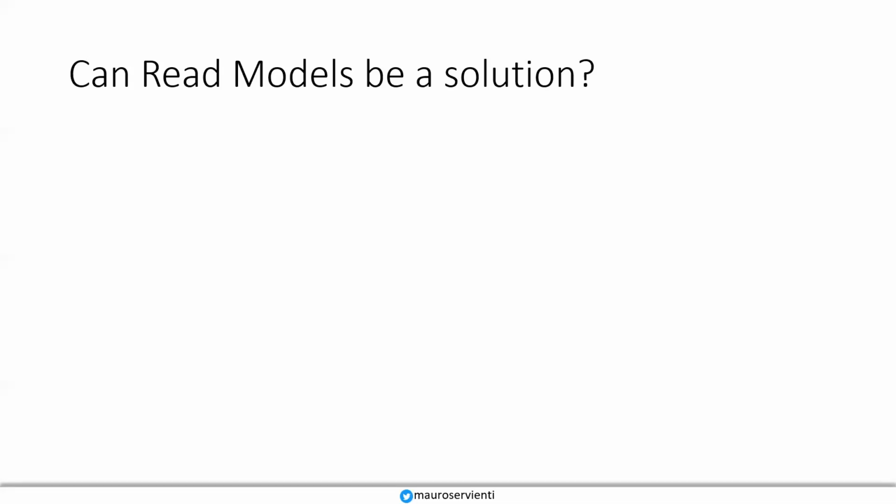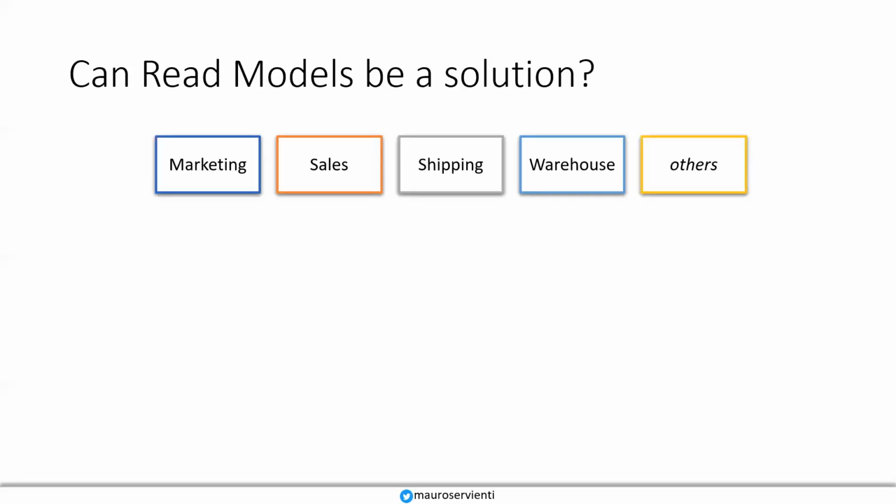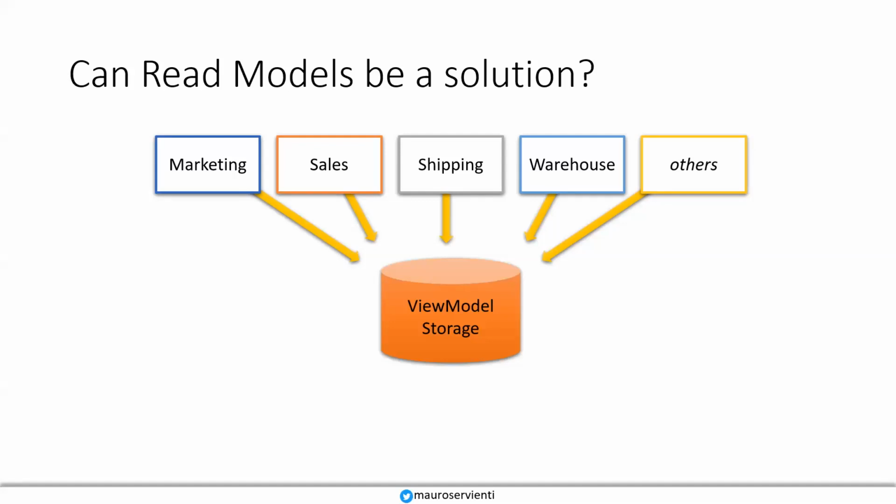So the first question is, can read models be a solution? Because one thing that we could do is basically say, let's say that we have our 5 lovely services plus whatever we want. So we might have many services involved at this point. One thing that we could do is basically push information from these services into a sort of, let's call it, view model storage or read models storage. Let's imagine, for example, Elasticsearch.